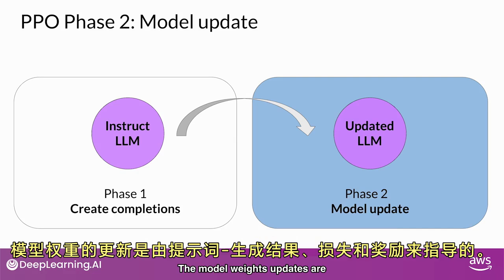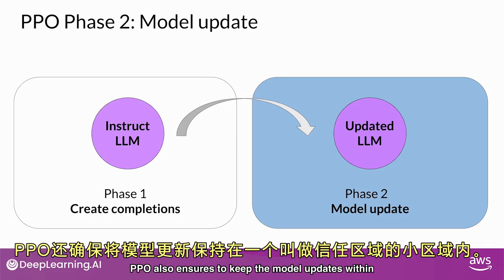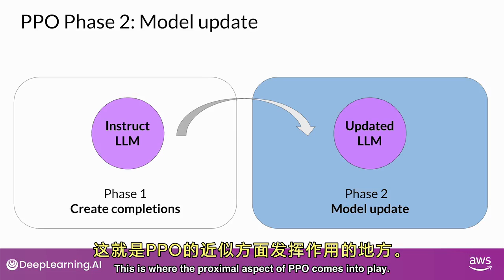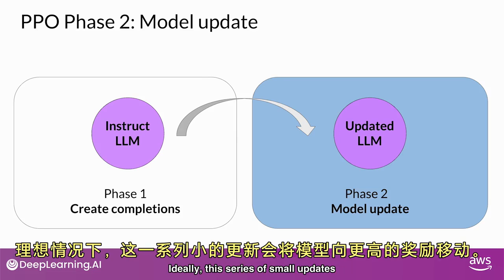The model weights updates are guided by the prompt completion, losses, and rewards. PPO also ensures to keep the model updates within a certain small region called the trust region. This is where the proximal aspect of PPO comes into play. Ideally, this series of small updates will move the model towards higher rewards.